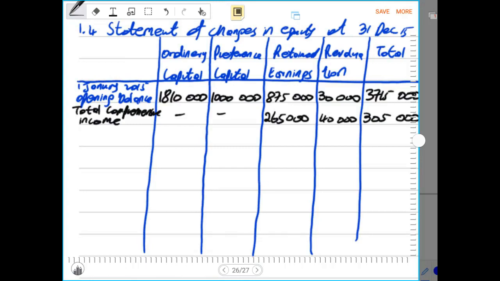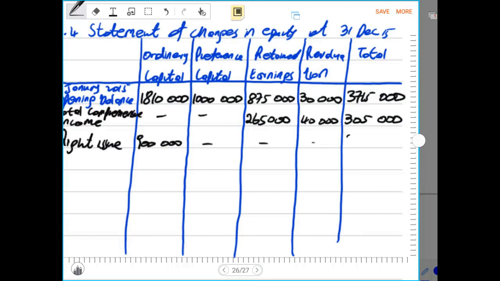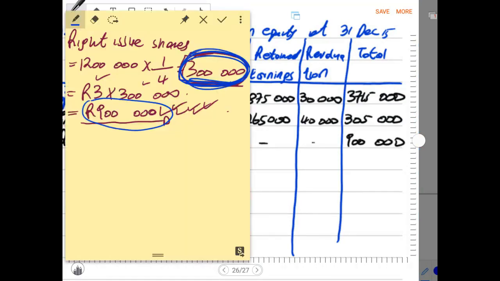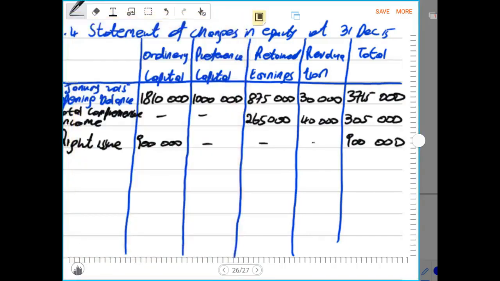Then after, we go to the rights issue. The rights issue amounted to 900,000 rands. Remember here, we record the amounts, not the numbers. There was the rights issue of the shares, 900,000.